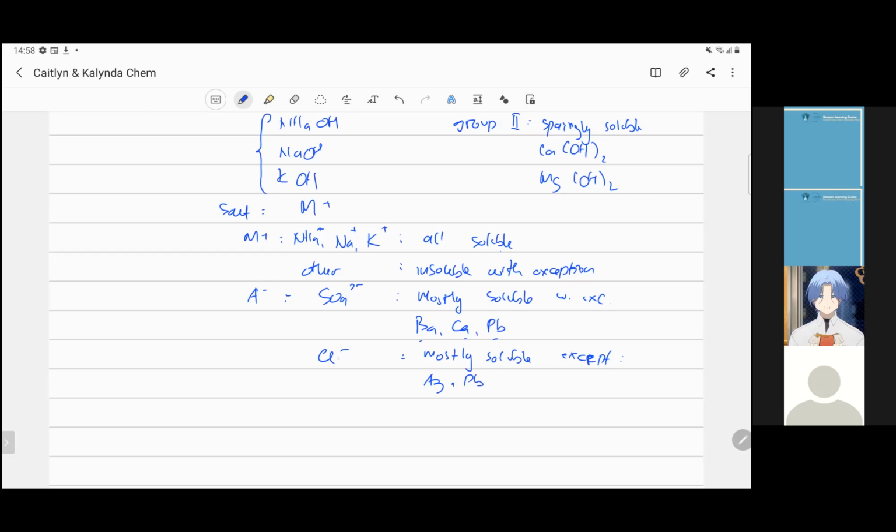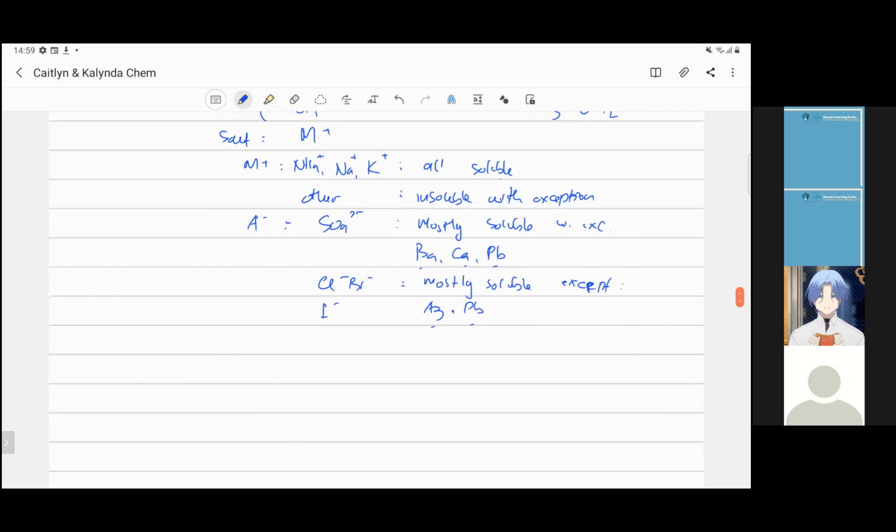Chloride, bromide, and iodide, those are strong acids. These three normally are going to be soluble. If you are given any metal except for silver and lead, they are going to be soluble. Okay, so that's it. That is the rule for solubility.